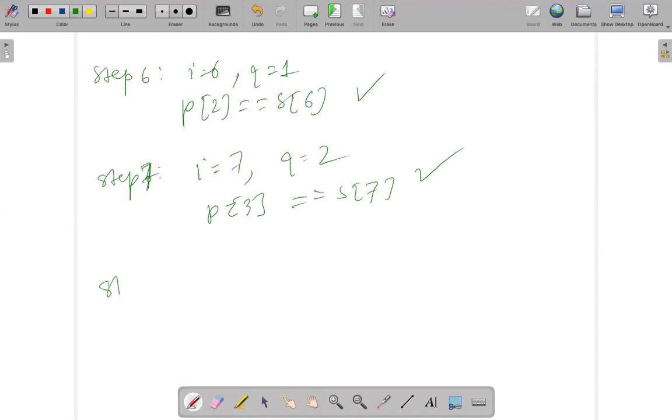Step 8, I has become 8, Q has become 3. Now you compare P4 with S8. Again, this is a match.